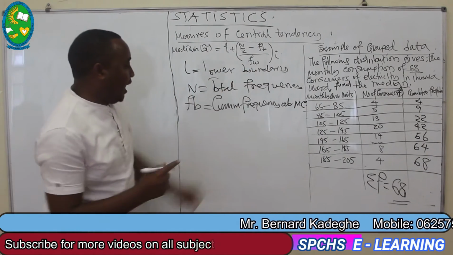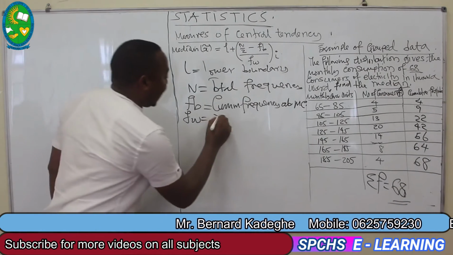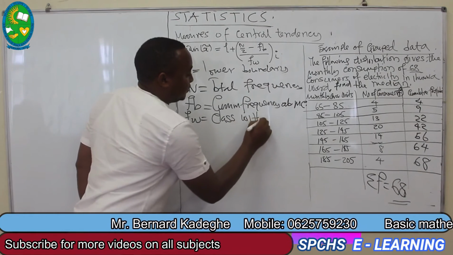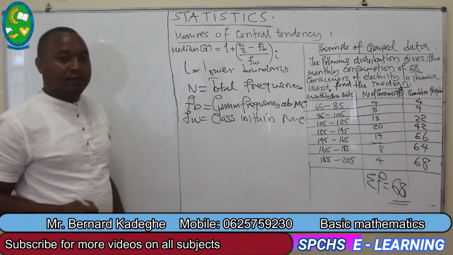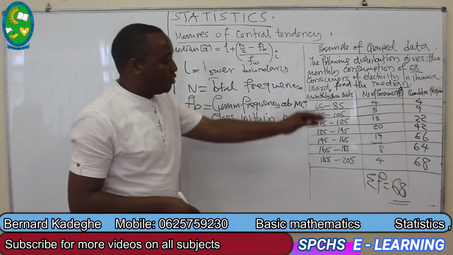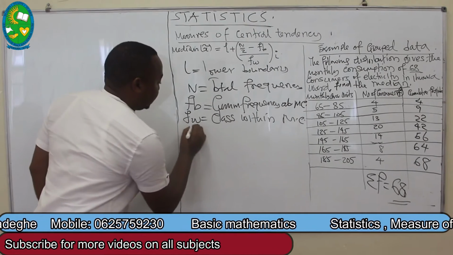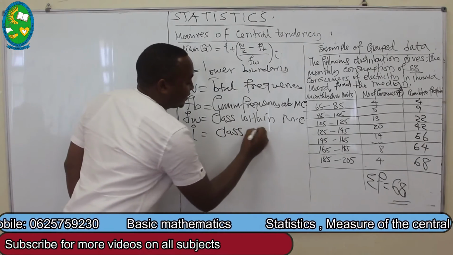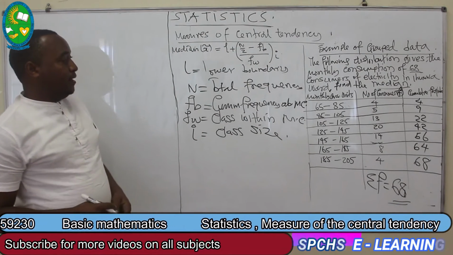We're left with FW, which is the frequency within the median class, because we're speaking of the median, right? And I, lastly, this is the class size.